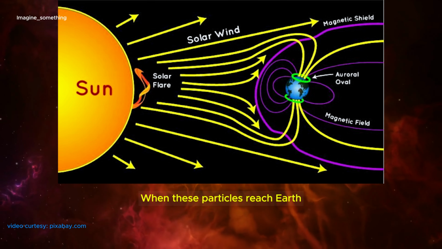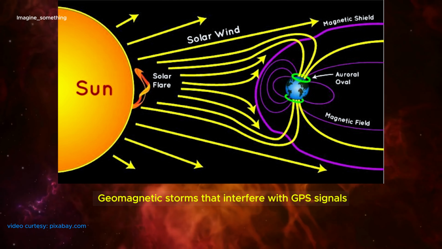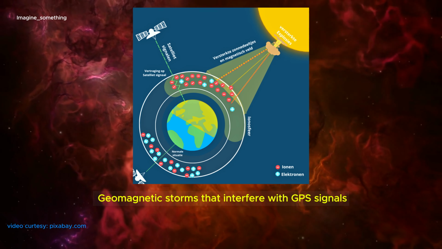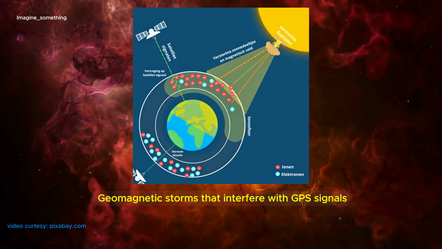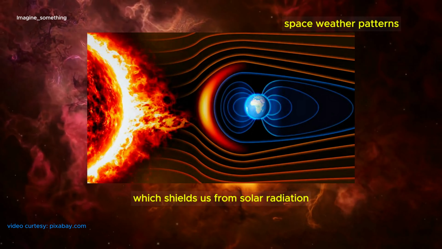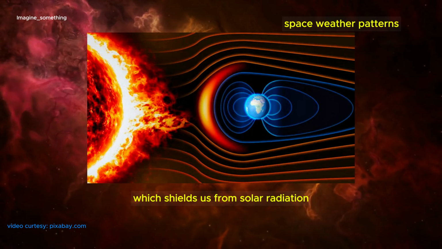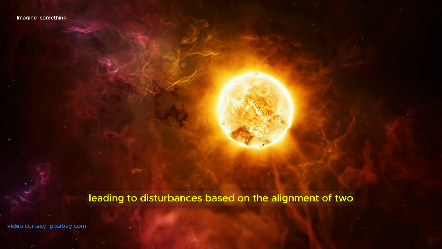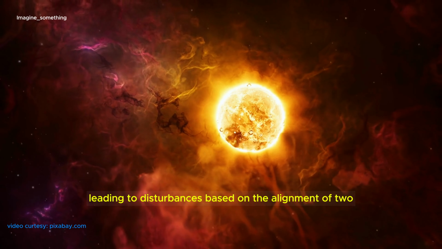When these particles reach Earth, they can cause geomagnetic storms that interfere with GPS signals and space weather patterns. These storms can also create beautiful auroras when they hit Earth's magnetic field, which shields us from solar radiation. The Sun's magnetic field affects the Earth's magnetic field, leading to disturbances based on the alignment of the two.